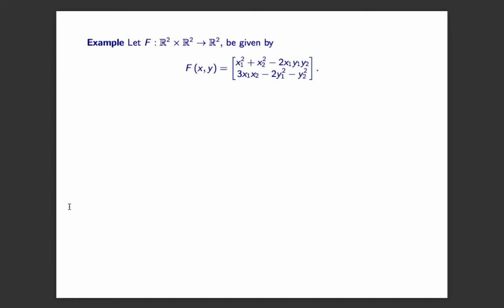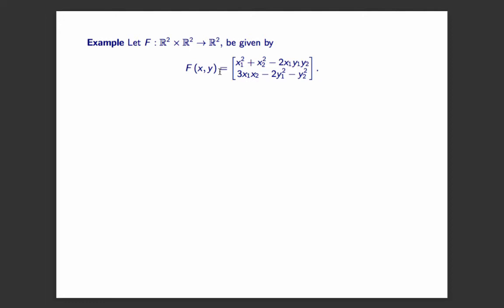The second entry of f is 3 x1 x2 minus 2 y1 squared minus y2 squared. I could just think of f(z), where z is the four-dimensional vector (x1, x2, y1, y2). But the idea is that if I take all ordered pairs x and y such that f(x, y) is equal to 0, does it implicitly define a function?